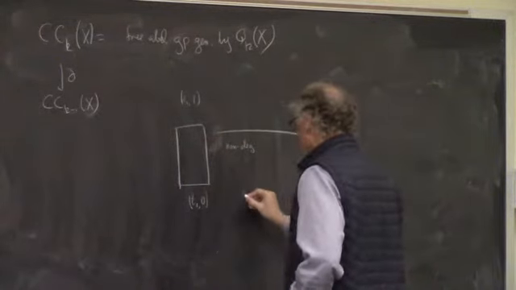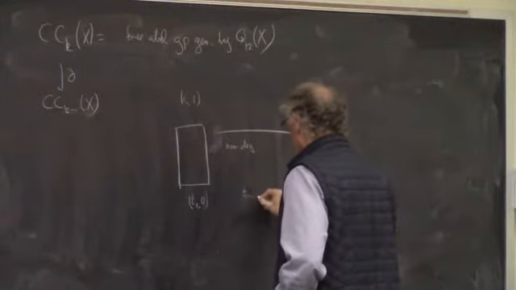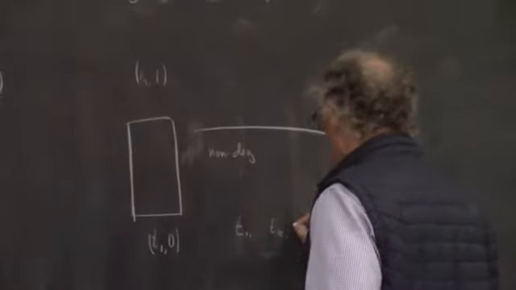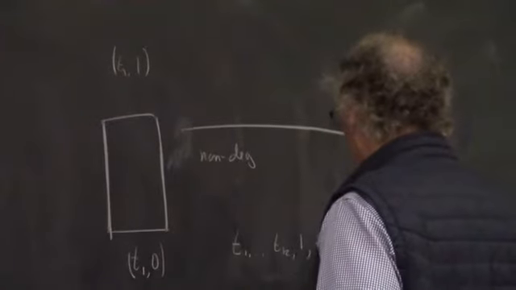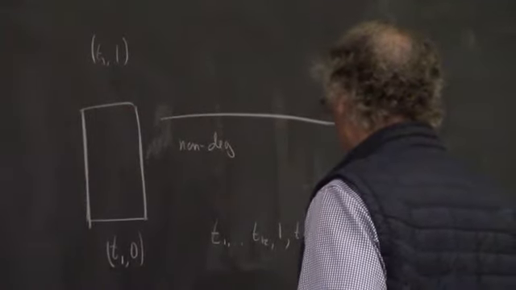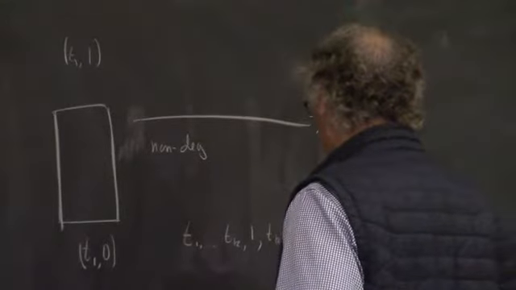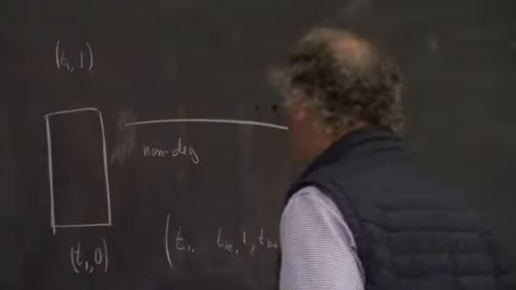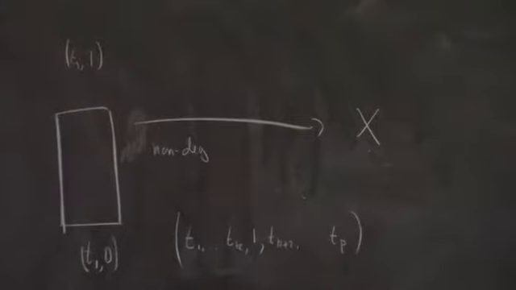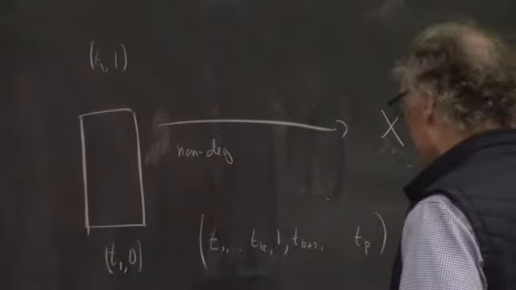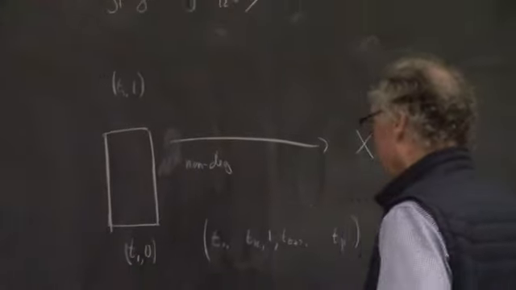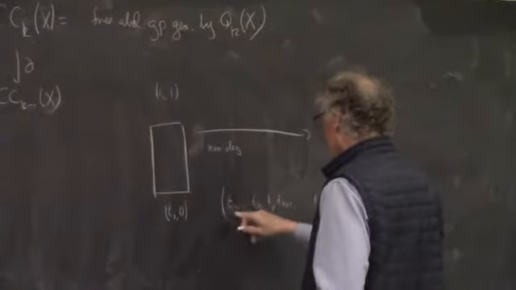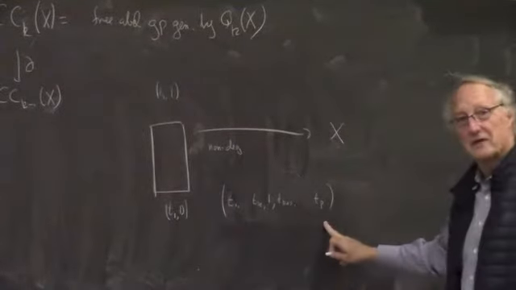So suppose I look at a face T1, TK, 1, TK plus 2, up to TP. That's one of my faces, and I'm really thinking of that as a map of a P minus 1 simplex.